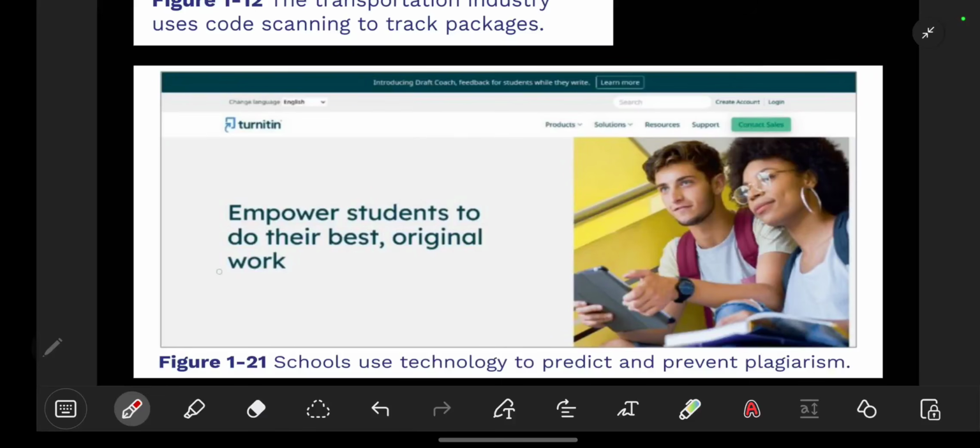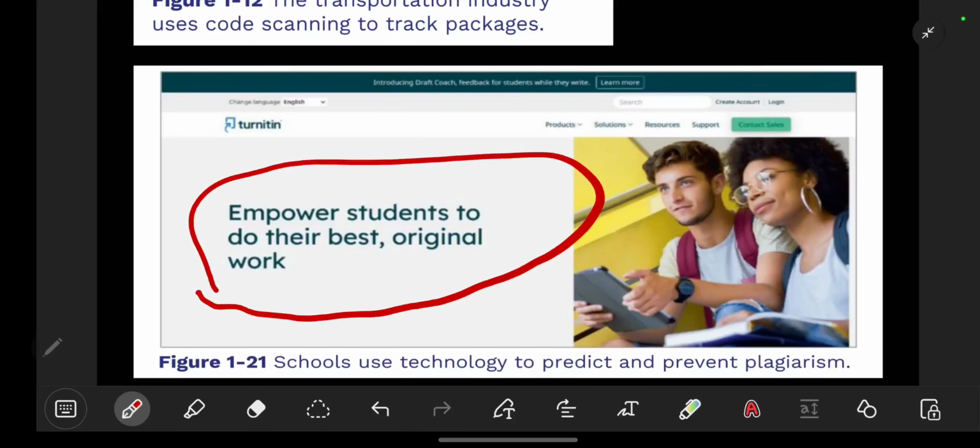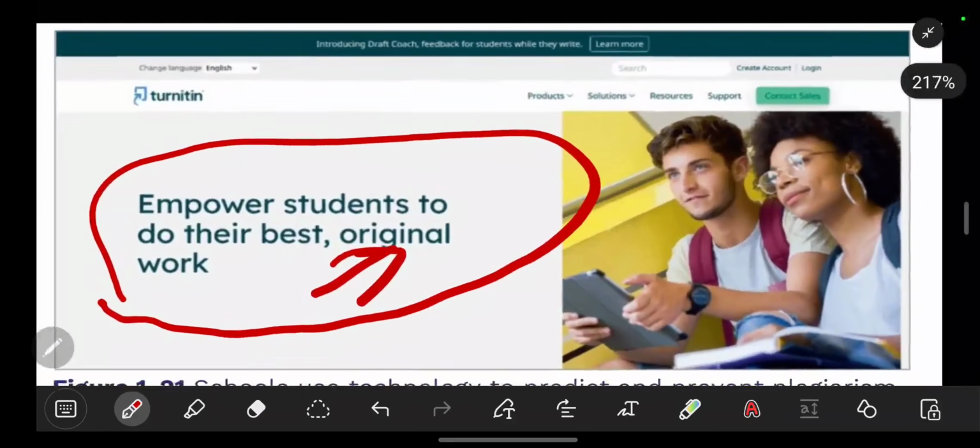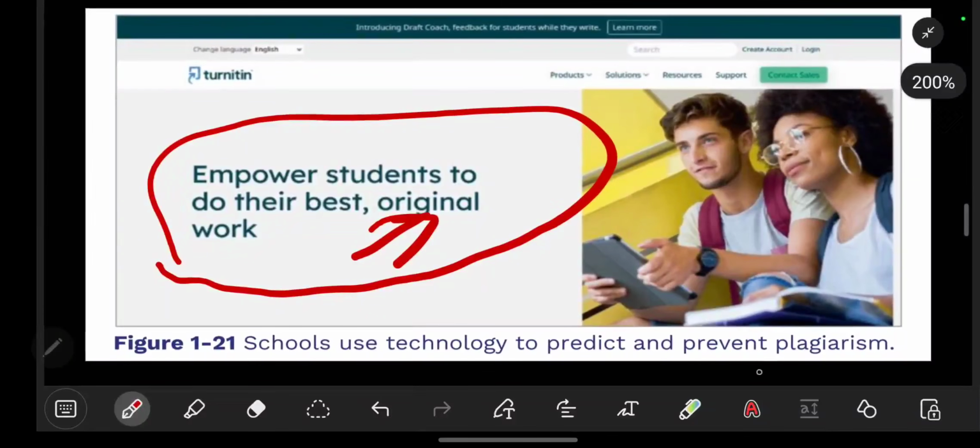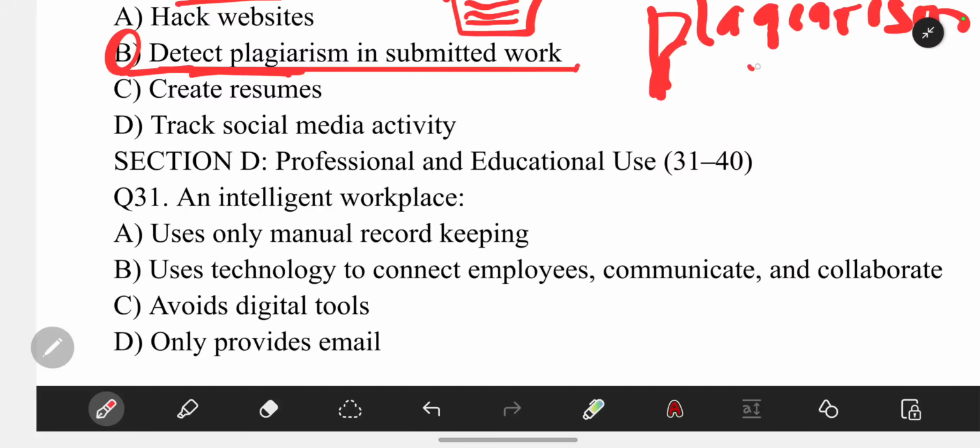So Turnitin is basically done to empower students to do their best and original work. So it is used in order to prevent laziness in this world of increasing AI. So by using Turnitin, they are able to prevent plagiarism, so copying information and not acknowledging the source, pretending as if the information is genuinely just yours, but you just copied.